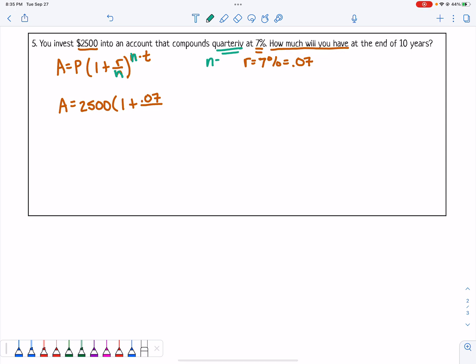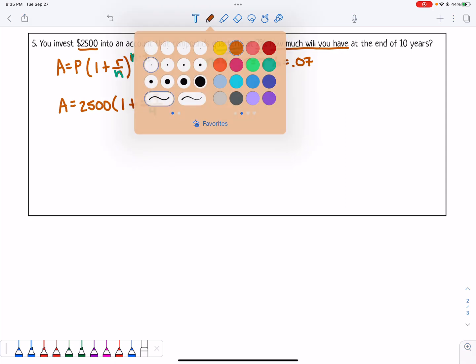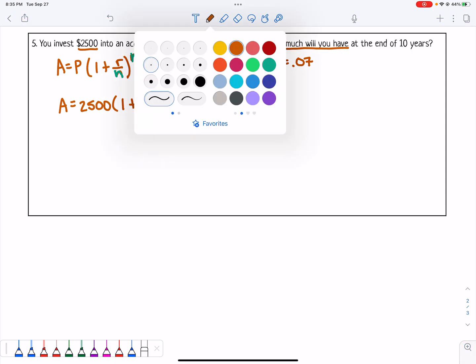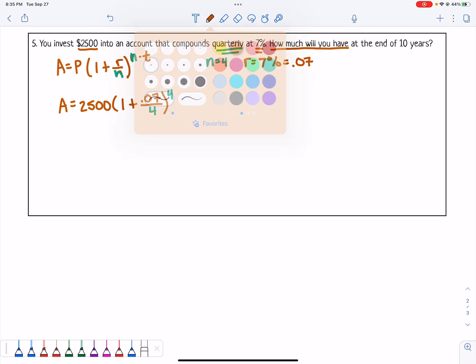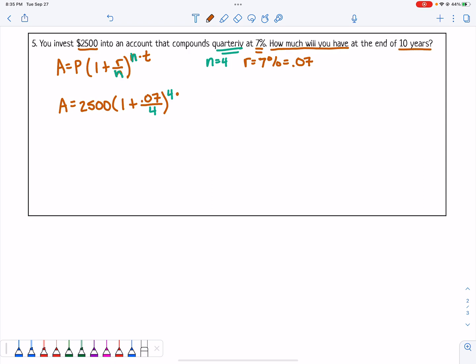So quarterly means N equals 4. There are 4 quarters in a year. 4 quarters in a dollar, like you could remember it that way as well. So a quarter, it means 4 times. And then I'm going to put all those in green so you can see that the 4 goes in both of those places. And then time would be 10 years, so we need to put a 10.